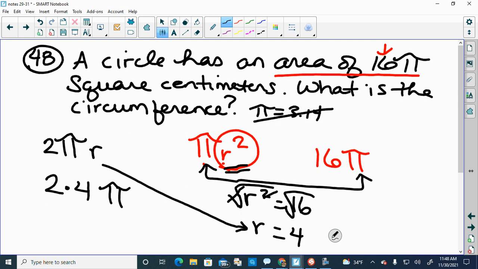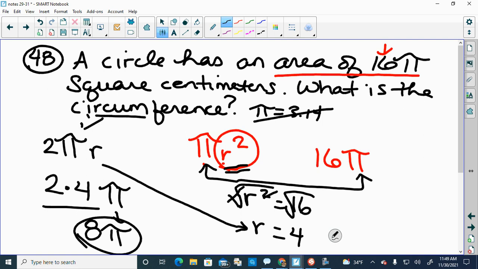If it doesn't tell you, then you're going to leave it in pi. So all you have to do is multiply those two numbers together. 4 times 2 is 8, and then just bring the pi down, because they don't want you to multiply it times 3.14. That's your final answer. So we were finding circumference, and that's the formula for circumference.